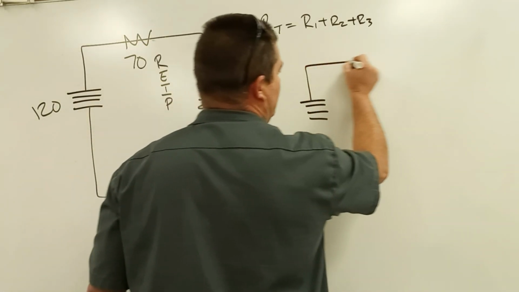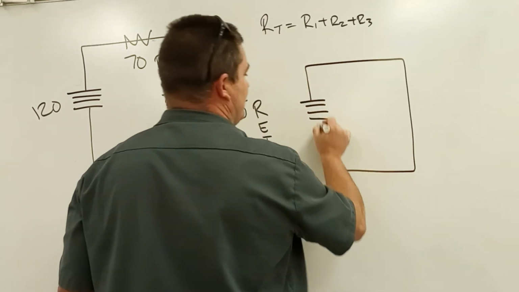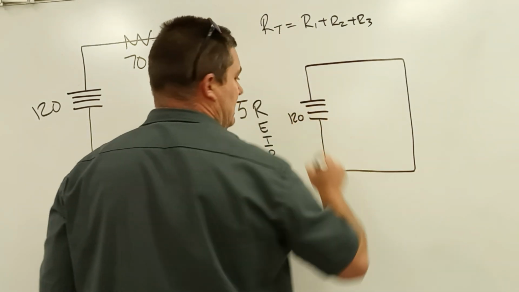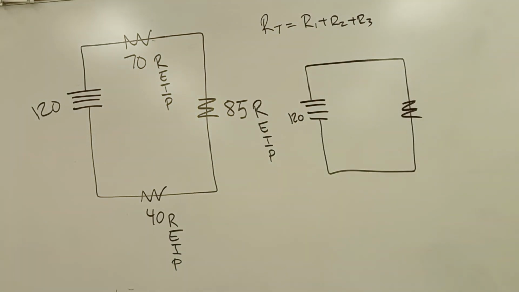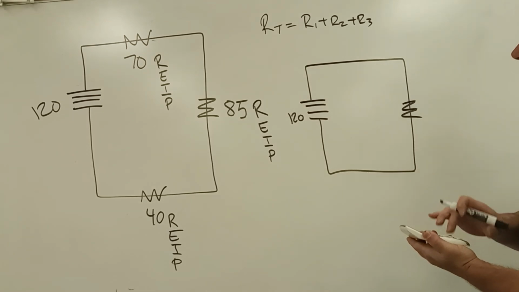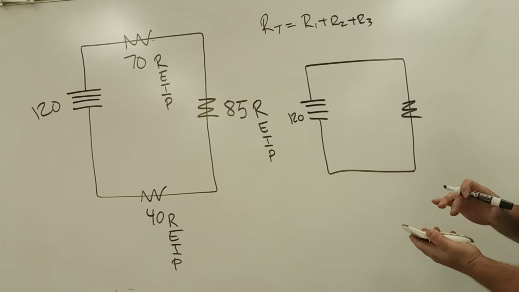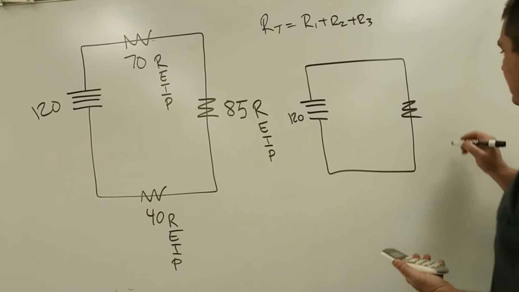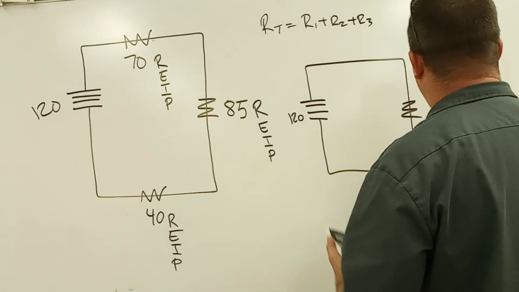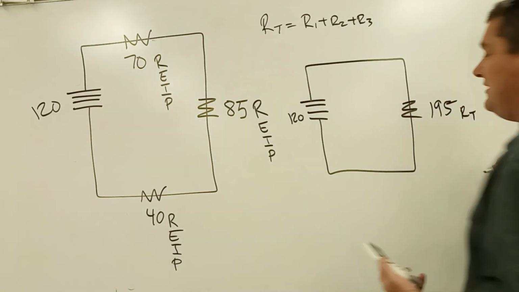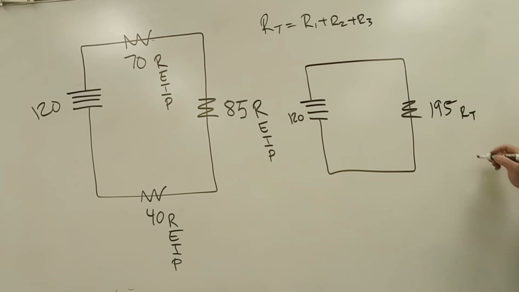What I do is redraw the circuit again, that way I know exactly the steps that I've taken. So we take 70 plus 85 plus 40, and we end up with 195 ohms, and that's going to be my total resistance.